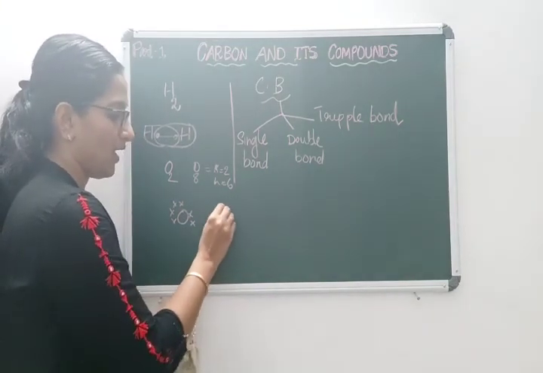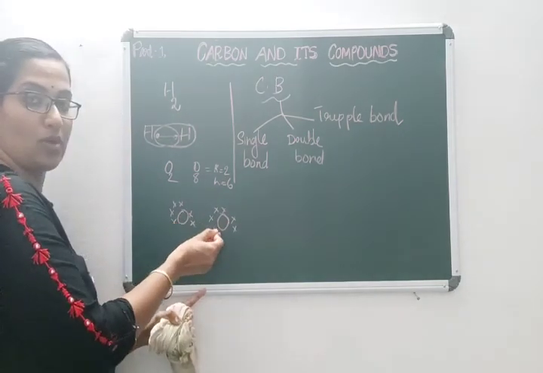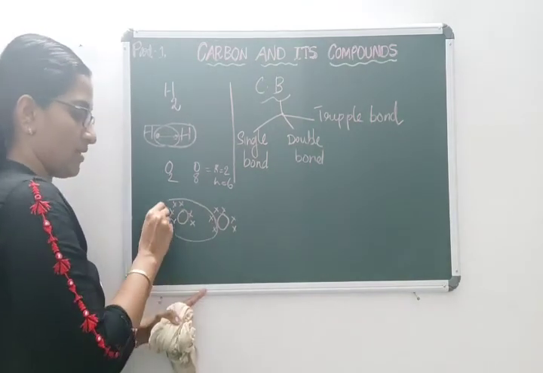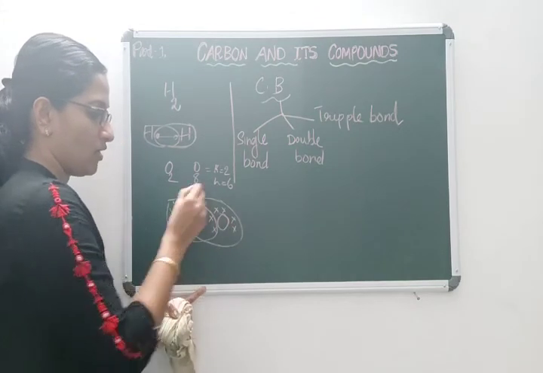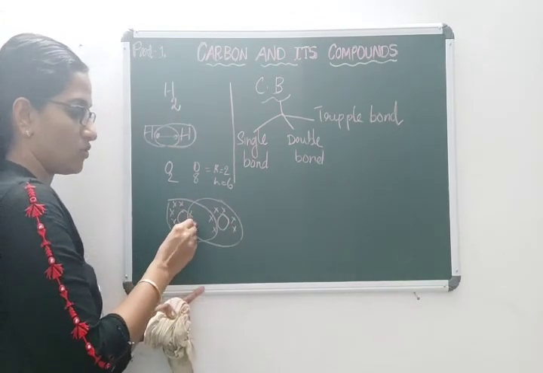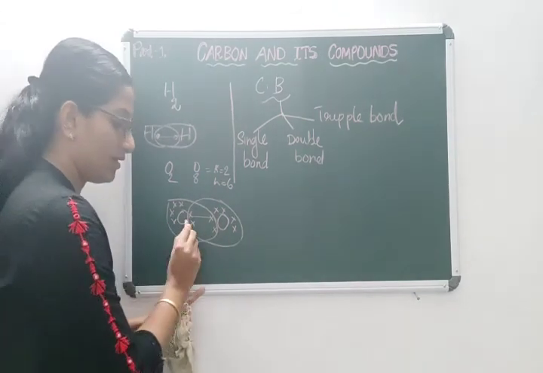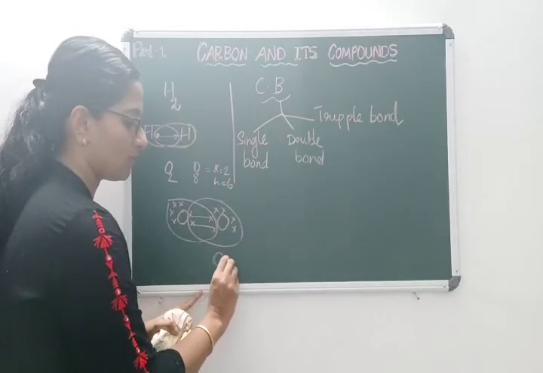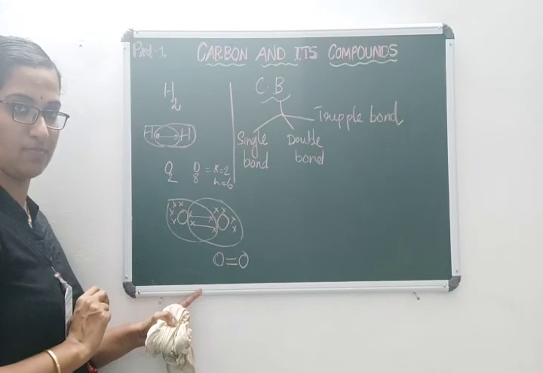That oxygen also has 6 electrons in the outermost shell. Each requires 2 more electrons, so they share 2 electrons each. Total how many electrons? 1, 2, 3, 4. 4 electrons are shared and 2 bonds are formed. So between oxygen and oxygen, a double bond has been formed.